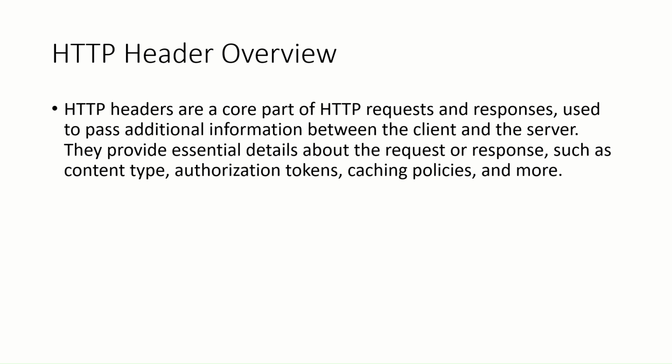Let me explain the scenario. Let's say you have developed a backend API in Spring Boot, and that API is supplied to the front end. The front end is going to use that API to integrate and work on it. Let's say that API gives the list of posts, and the front end uses that API to display the list of posts.